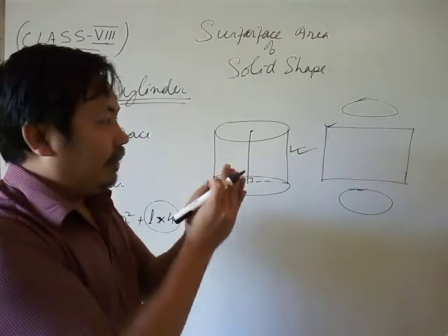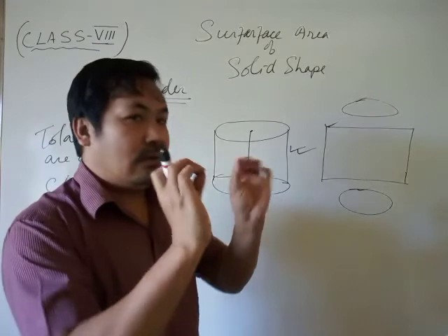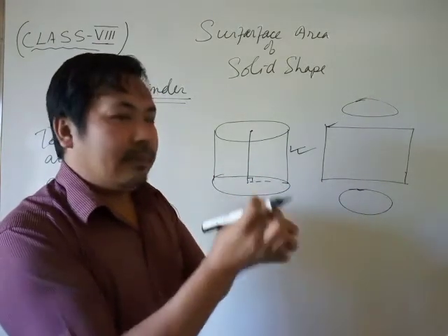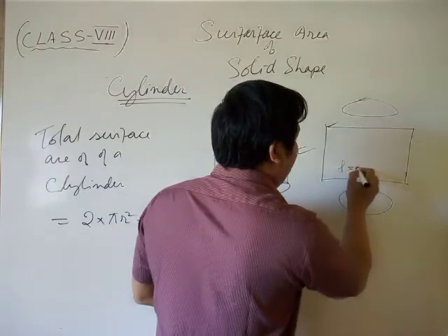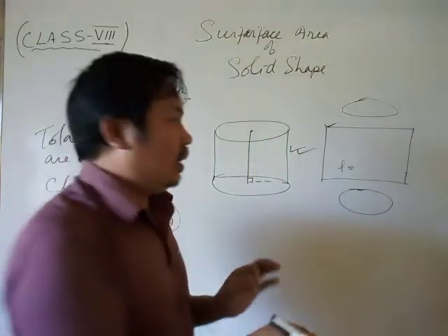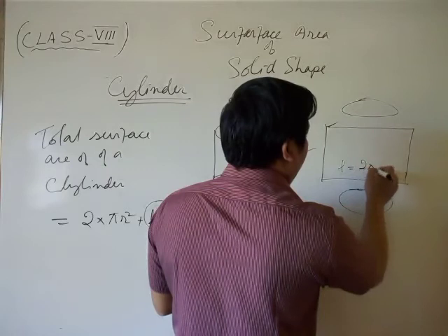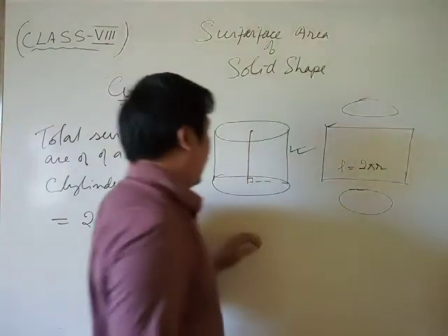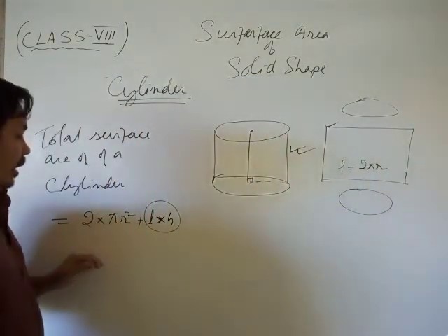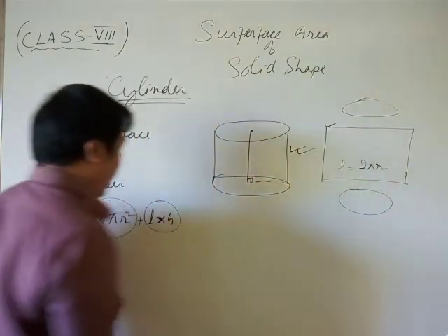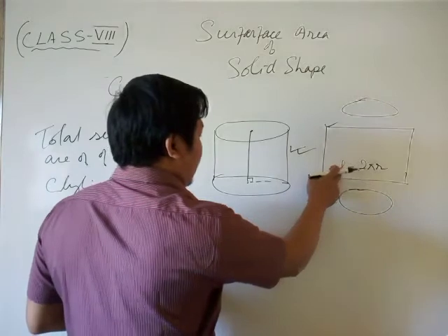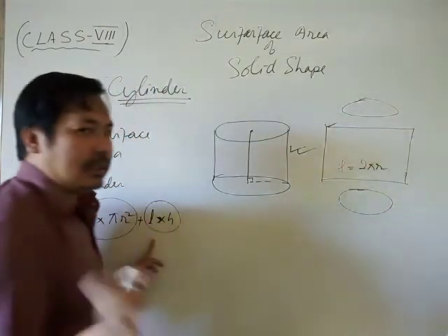This length will become the circular part, that means this L will become the circumference of the circle. What is the circumference of the circle? 2 pi r, isn't it? So this is 2 times the area of the circle, and now this L becomes 2 pi r, the circumference of the circle.